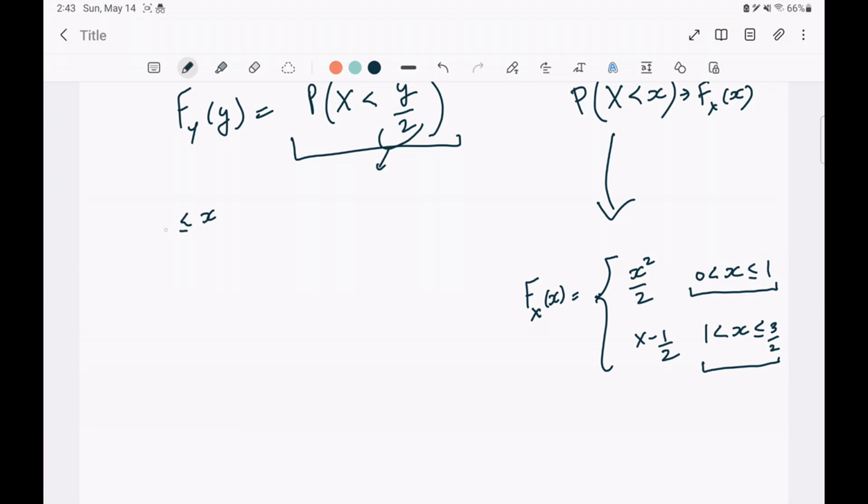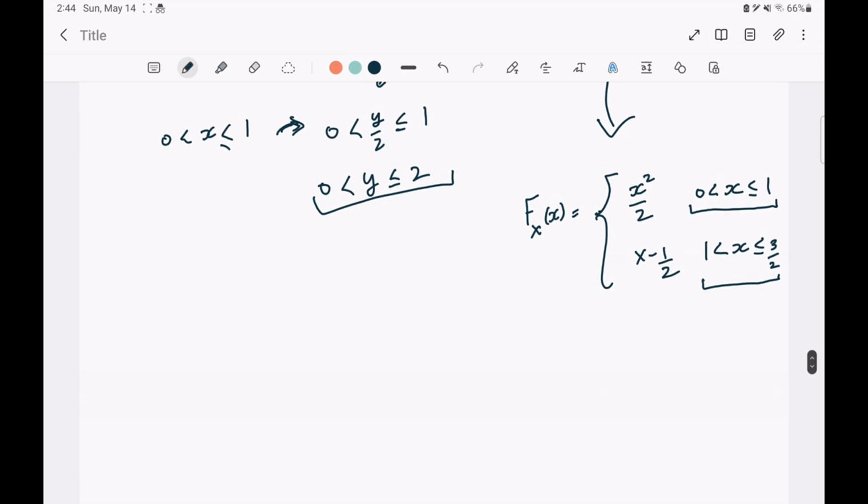So if x is, let's say, less than or equal to 1 and greater than or equal to 0, that means the equivalent range for y would be this. So y would be in between the range 0 to 2, and for the range where x lies between 1 to 1.5, the y would lie between this range.